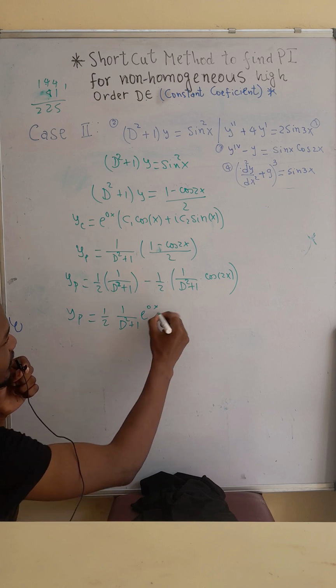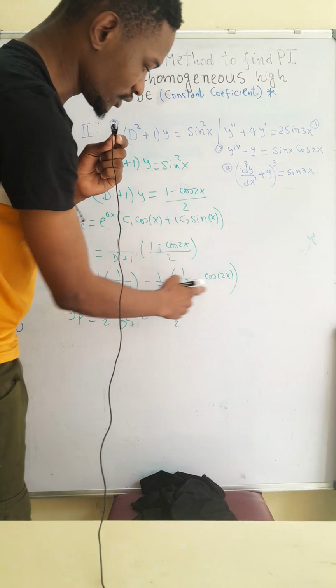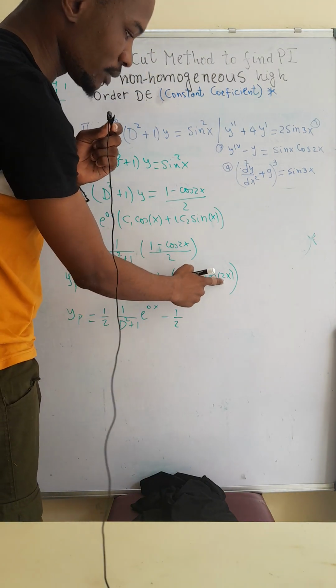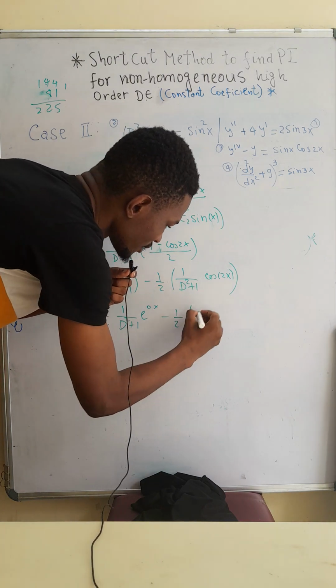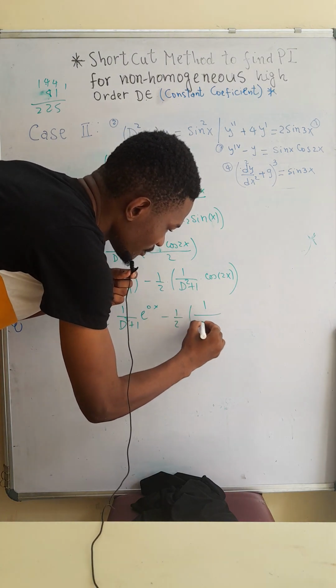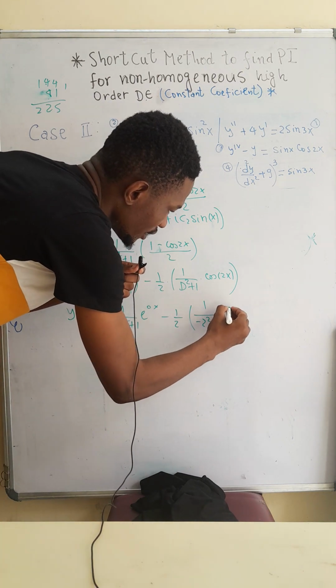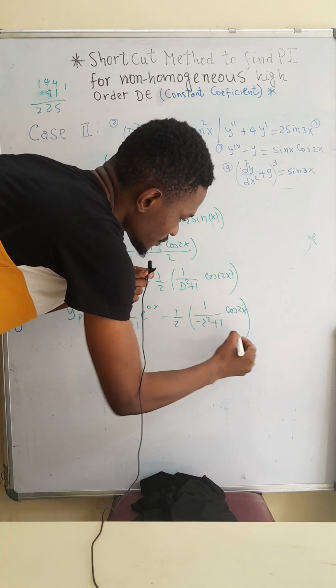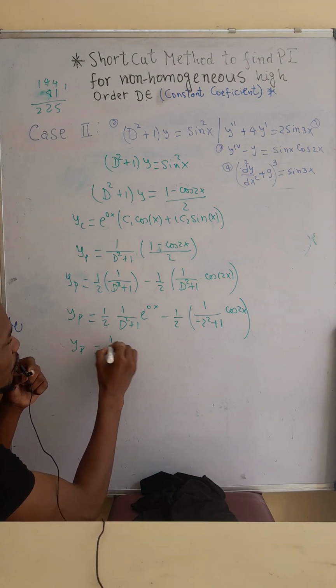Then minus 1 by 2, and wherever you see the function of d squared, put minus a squared. So you're going to have minus 2 squared, since a is here 2, and plus 1. Then cos of 2x. Now see, yp will be 1 by 2.